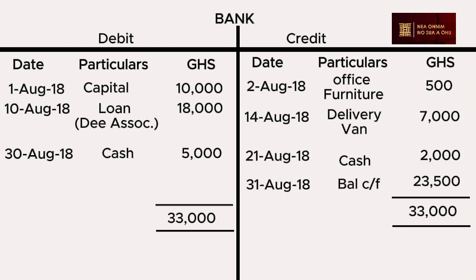After having done that, the balance carried forward on the credit side we will bring to the new period, which is 1st September 2018. The particulars will be balance brought forward, and the amount is going to be 23,500. We are done.